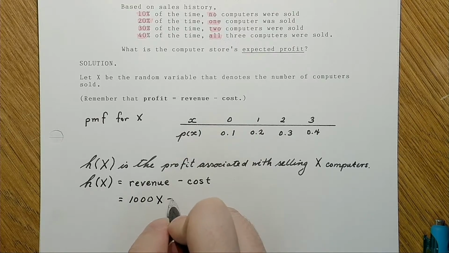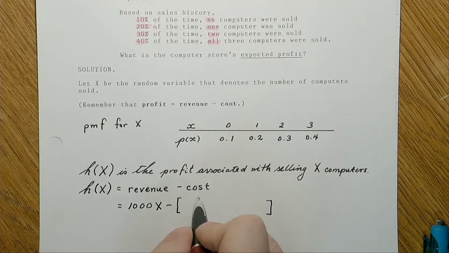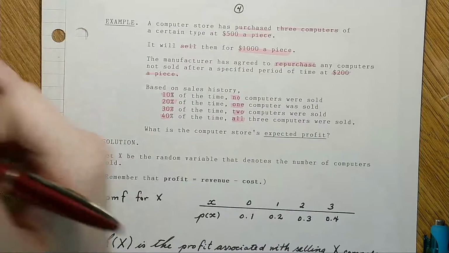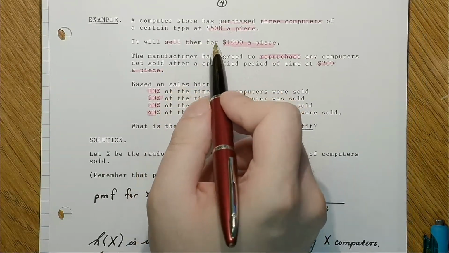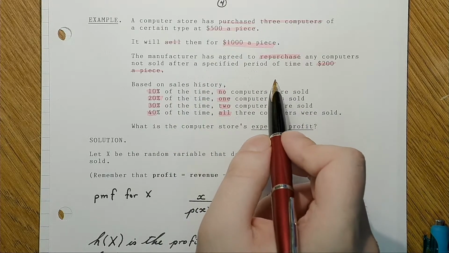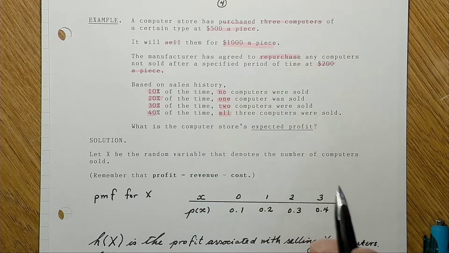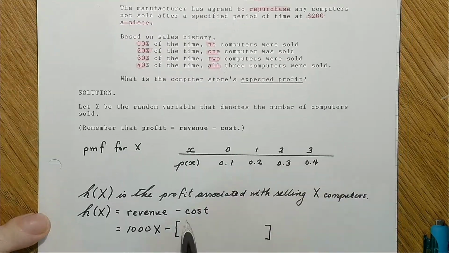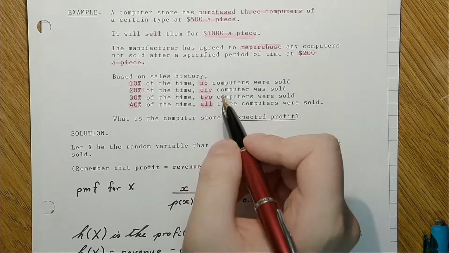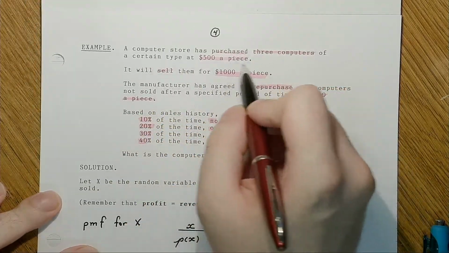Now for the cost, there's two things. There's the price that they pay per computer, but also we have to consider this repurchasing or this buyback program. So for the total cost, they purchased 3 computers at $500 a piece.